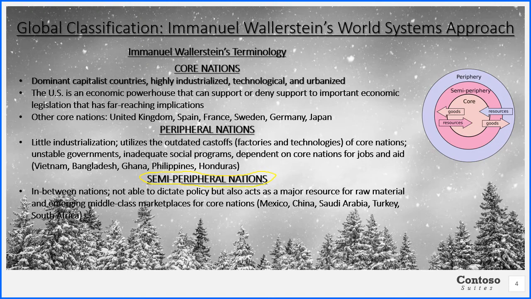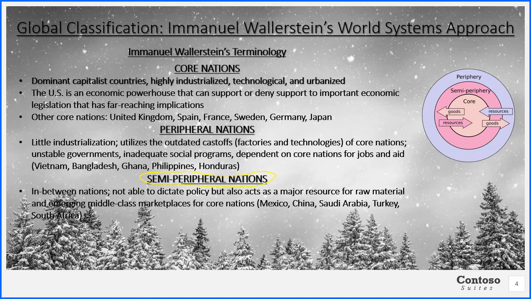They've started to industrialize. However, a lot of that industrialization is bound by the decisions of the core nations, like the U.S. Some semi-peripheral nations would be Mexico, China, Turkey, South Africa, Saudi Arabia.